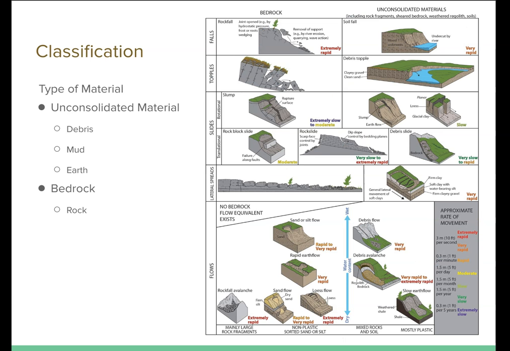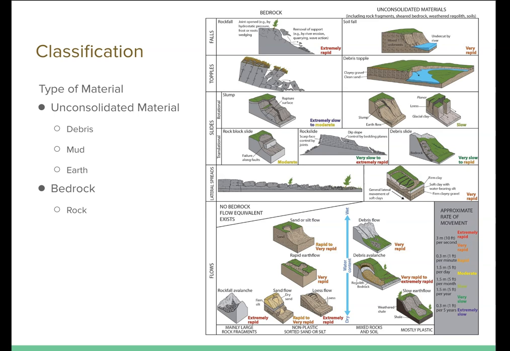We can also look at the type of material. The material in a landslide is usually either rock or soil or both. So when it's unconsolidated material, like broken up pieces of rock, we usually use the term debris for really big stuff, or mud for very fine material, or even earth if it's fine material that has a lot of soil mixed into it.